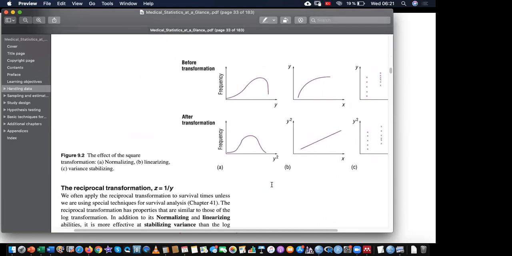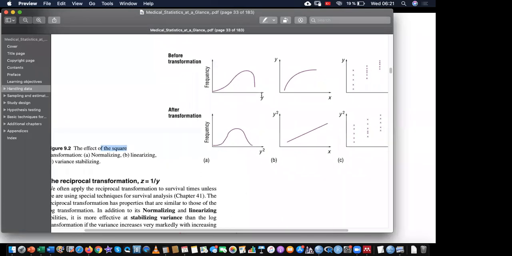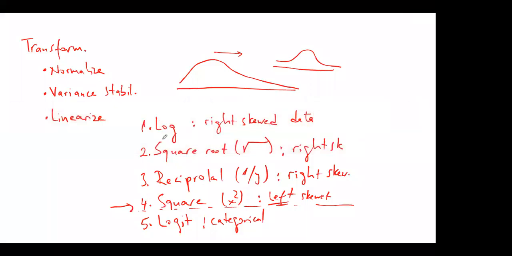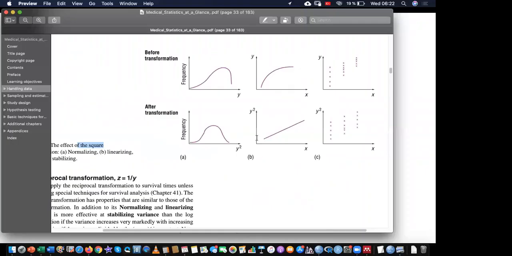A similar picture applies for square transform. The opposite applies for the square transformation. In the square transformation, only in the square, by the way, the others all decrease the numbers, while the square transformation is used for left skewed data, it increases.